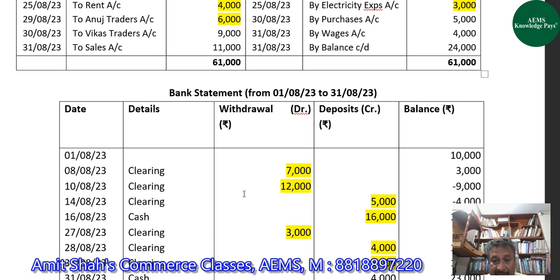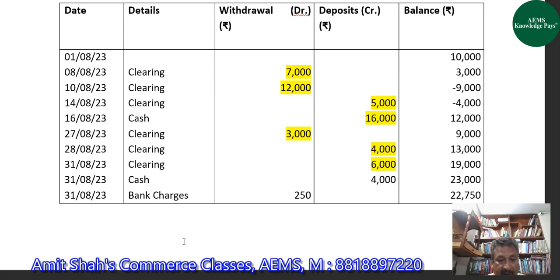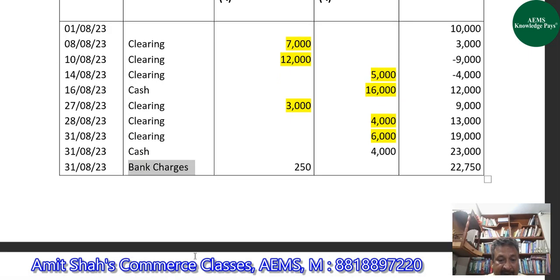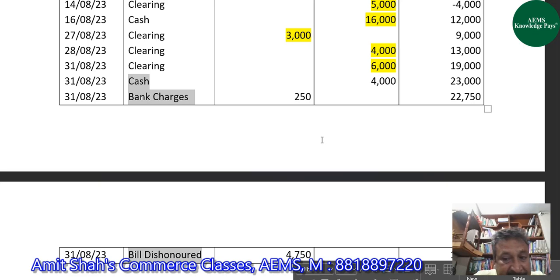Now, the accountant will see which are the unticked transactions. So, unticked transactions are these two here, this one here of bank charges, of cash, and of bill dishonored. With the unticked transactions only, he will make his bank reconciliation. Why?